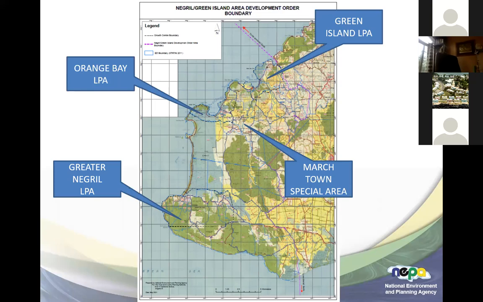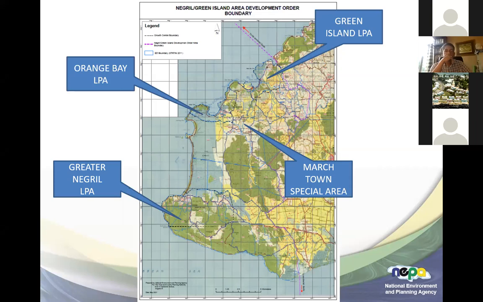In this reiteration of the Negril and Green Island area development order, we have looked at the Negril area, and we have seen where in the current order there are some areas that were outside of the local planning area and that were posing a challenge to the Negalpa as well as the authority in terms of what was happening within these areas.